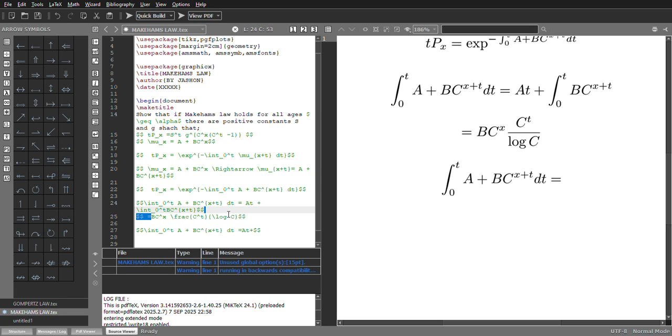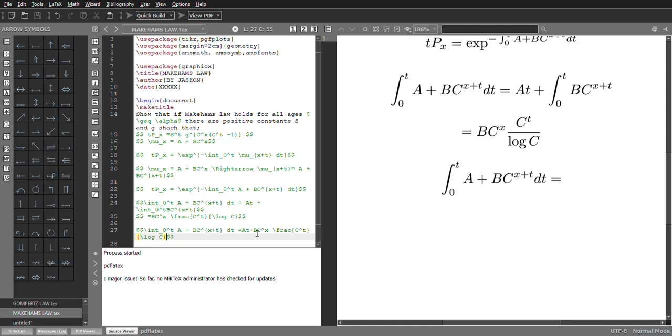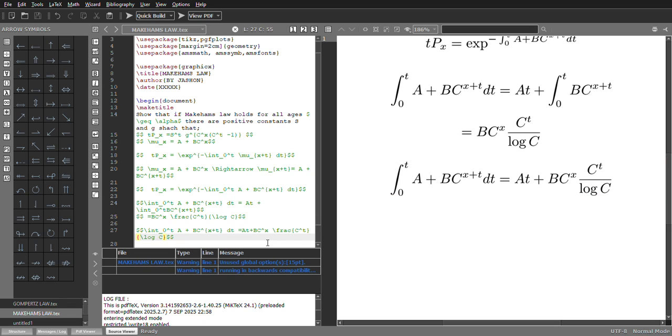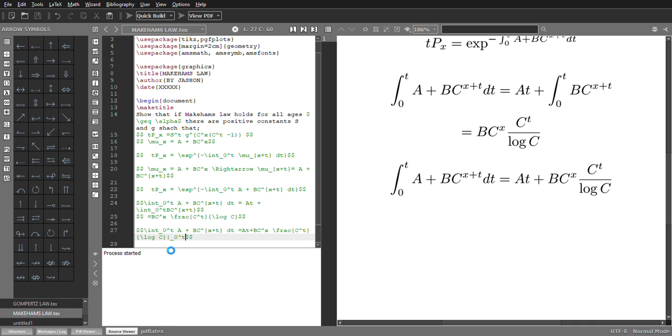So let's copy the whole of that and place it right there. That's what we have now. Then let's place our limit. Our limit is from 0 to t.